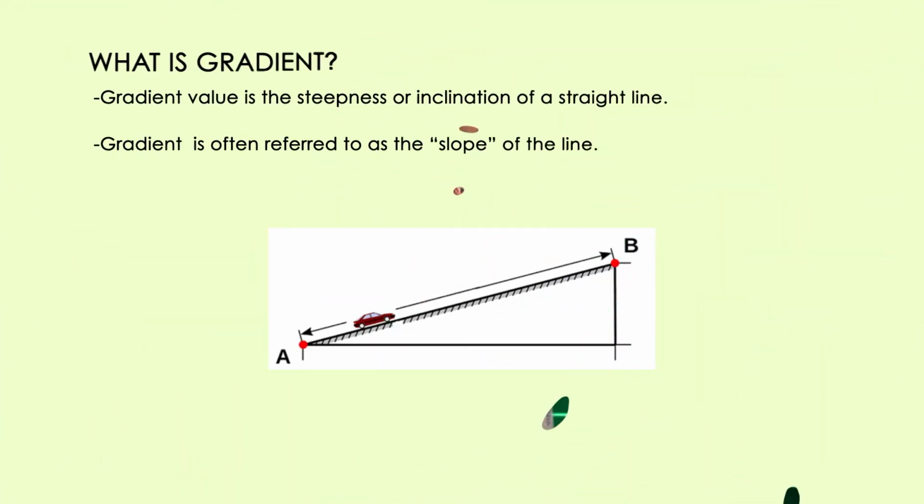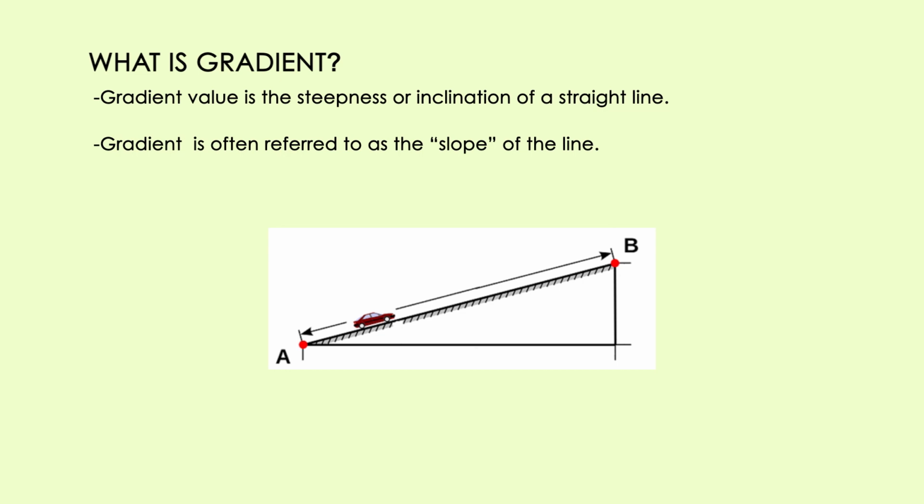Then, what is exactly a gradient? There are few ways to define gradient. First, gradient is a value of the steepness of a straight line. Gradient is often referred to as the slope of the line.